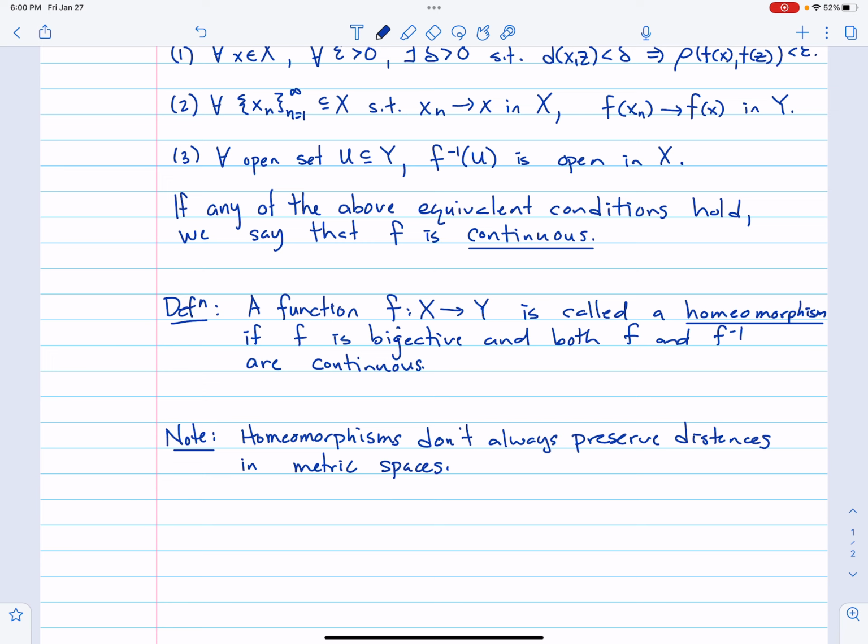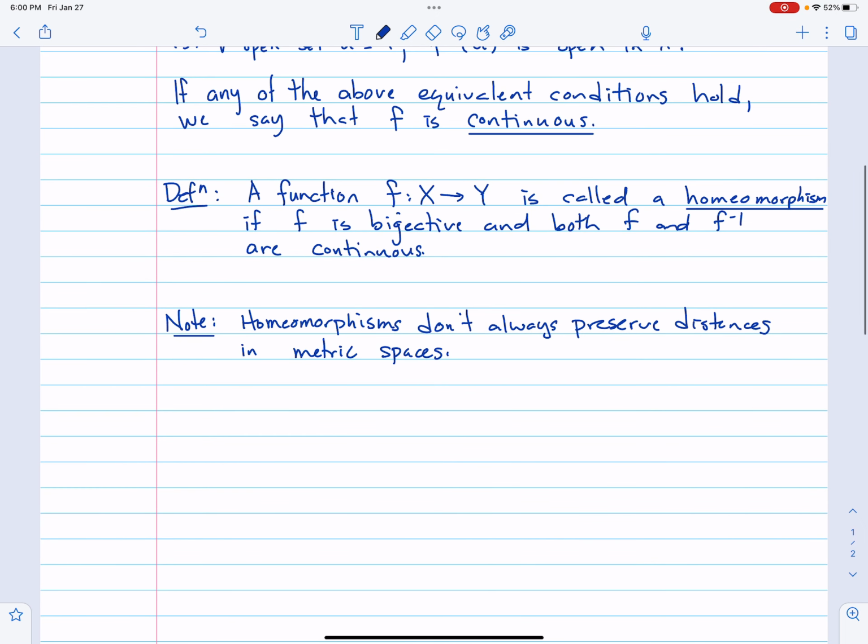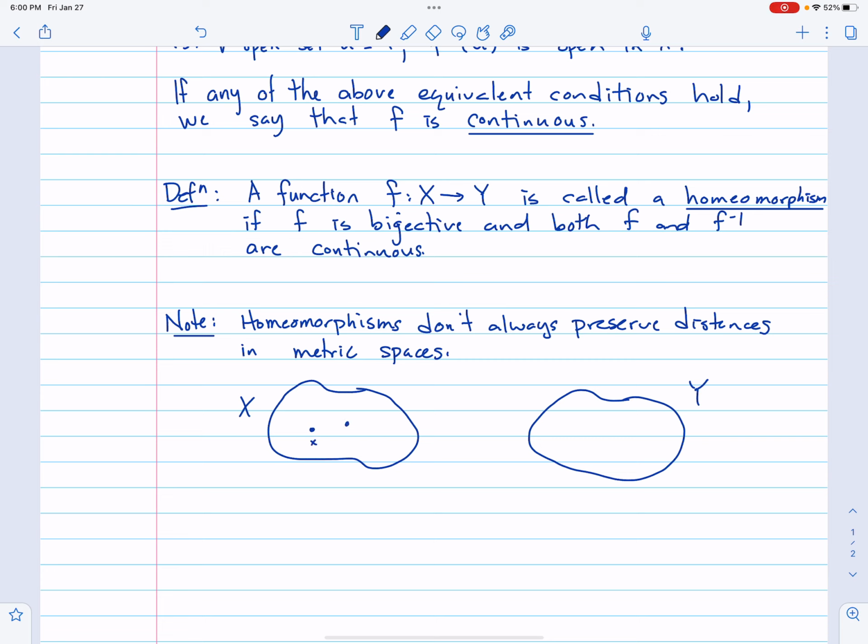Okay, so you could have 2 points that are distance 1 apart in one of the metric spaces, and then maybe you have a homeomorphism to another metric space. So, maybe we have a space X here and a space Y here, and we have points, say, little x and little z, and maybe these are distance 1 apart here.